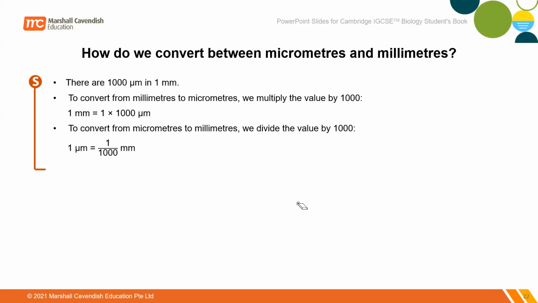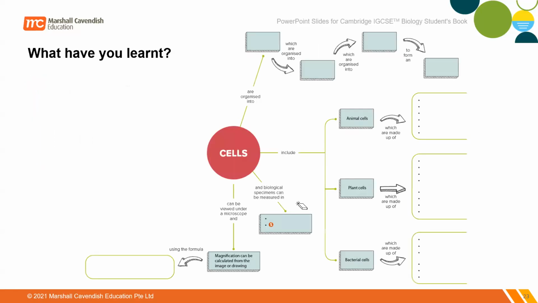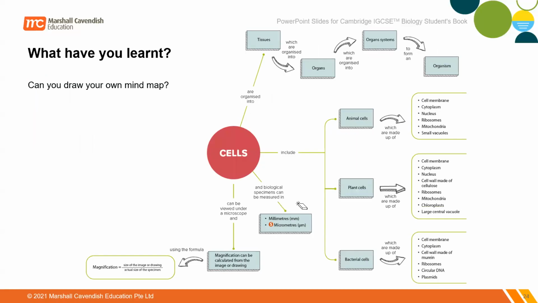So if you want the answer in micrometers, multiply by 1,000. If you have the given values in micrometers and you want the answer in millimeters, divide by 1,000. Now, we have covered topic 2 as well.